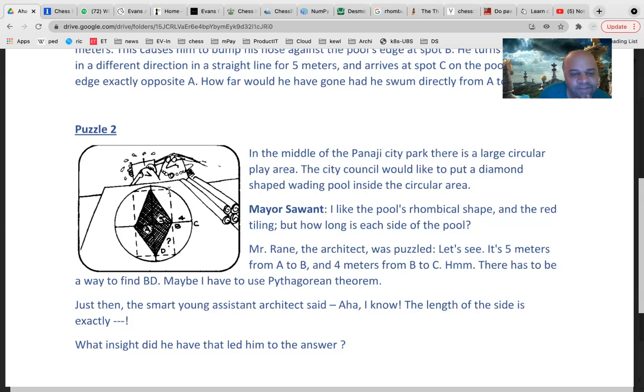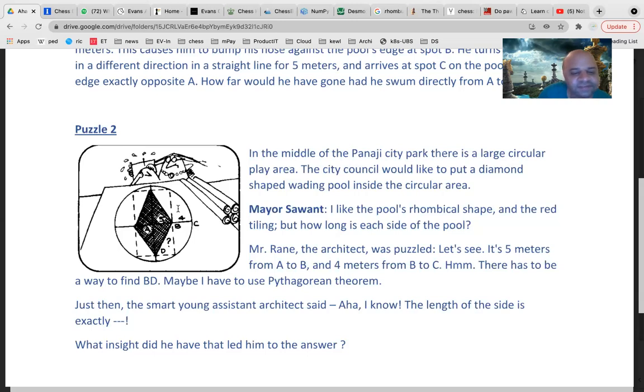So we don't know whether it touches completely or not. If it touches completely, then 5 square plus 9 square is BD square. That is correct. But we don't know whether it is touching or not.